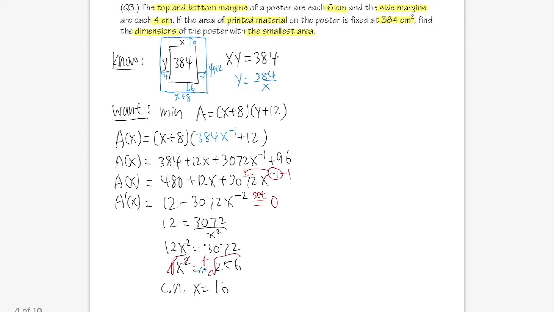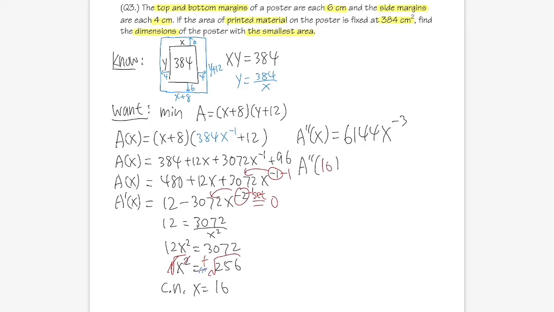Now, let's go ahead and proceed with the second derivative test. Right here, I will get A double prime of x. The derivative of 12 is 0, and the derivative of this, let's put the negative 2 to the front, and then minus 1 to the power. So we will get 3072 times 2, and we get positive 6144 x to the negative 3. Let's just plug in and check A double prime of 16.